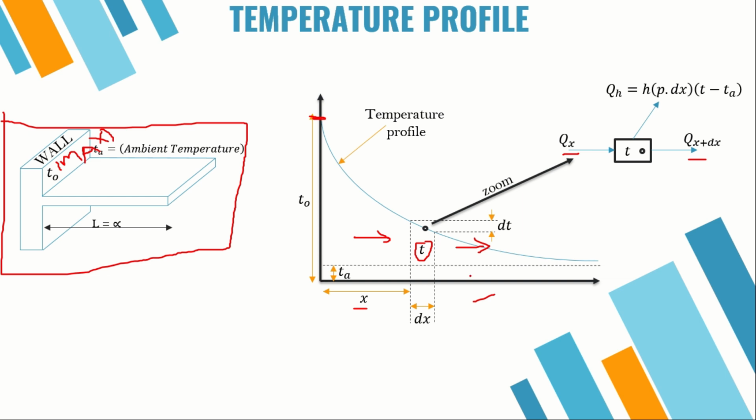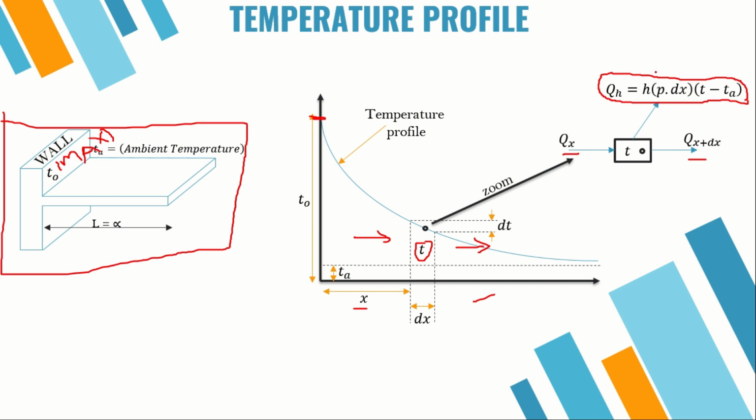As the fin works as an air cooling system, the heat is dissipated in the surrounding. So the heat dissipated in the surrounding would be QH. QH represents the dissipated heat in the surrounding.